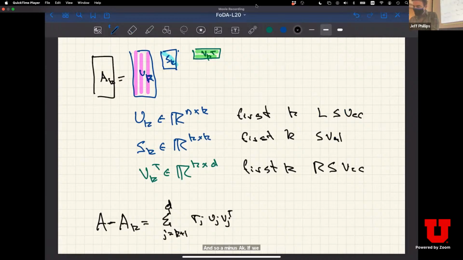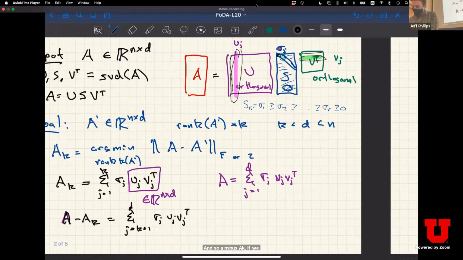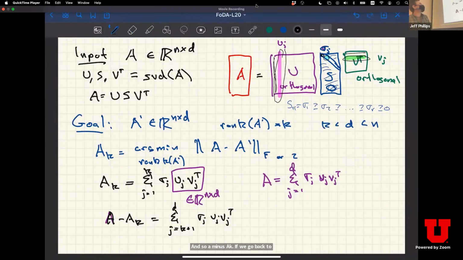If we go back to this page, I showed A_k is just the sum of the first k terms, and A is all of the terms added up this way. I've just taken this decomposition and broken it down into pieces.